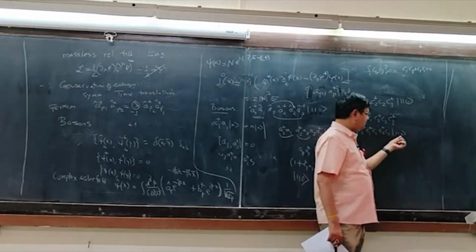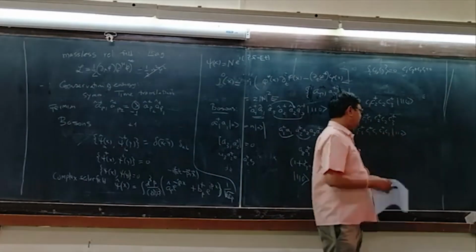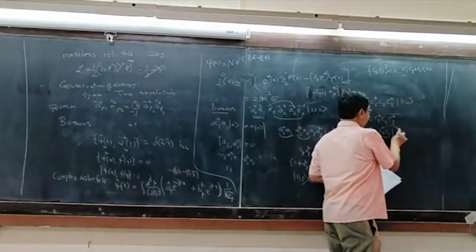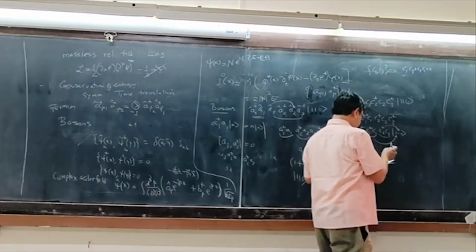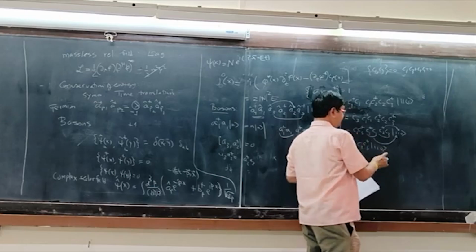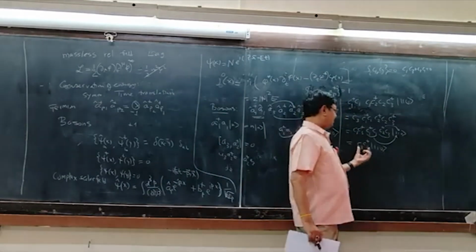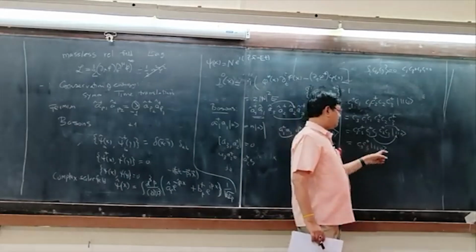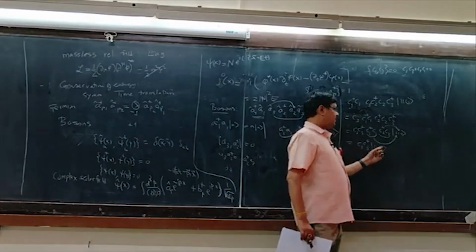So it could be either 1 or 0. By the way, for fermions this cannot be greater than 1. So this acting on this gives you 1. This one acting on this gives you 1. So we are left with C3, C3 dagger, 1, 1, 0. Now this will act on 0.